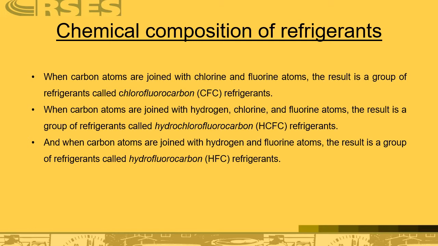When carbon atoms are joined with hydrogen, chlorine, and fluorine atoms, the result is a group of refrigerants called hydrochlorofluorocarbon, HCFC refrigerants. When carbon atoms are joined with hydrogen and fluorine, the result is a group of refrigerants called hydrofluorocarbon or HFC refrigerants.